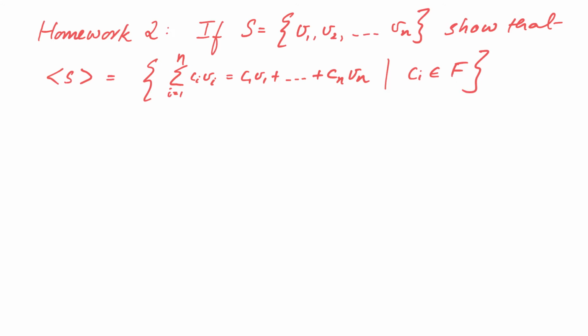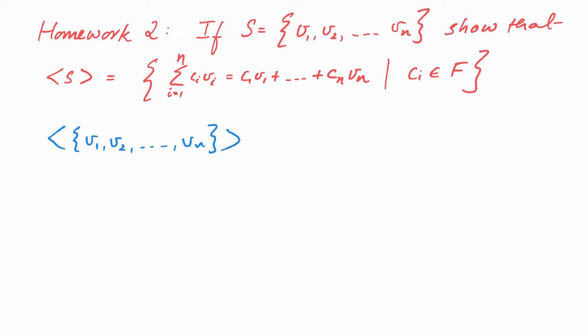Notice I have used a new terminology. A sum of the form C1 V1 plus C2 V2 plus etc. up to Cn Vn is called a linear combination of the vectors V1, V2, V3 etc. up to Vn. Another terminology that I would like to introduce at this point is a name for the smallest subspace that contains V1, V2 etc. up to Vn.